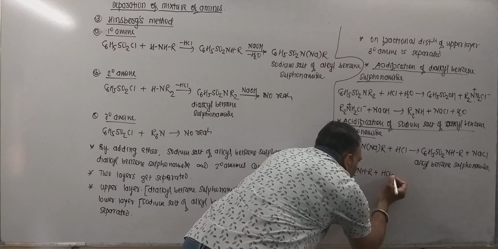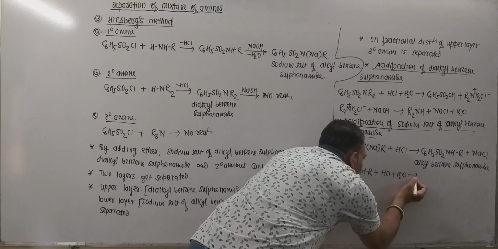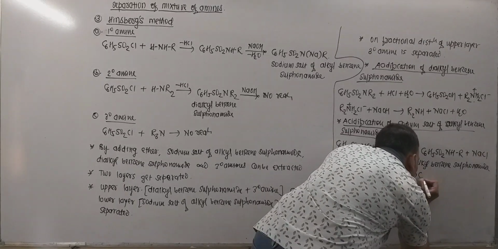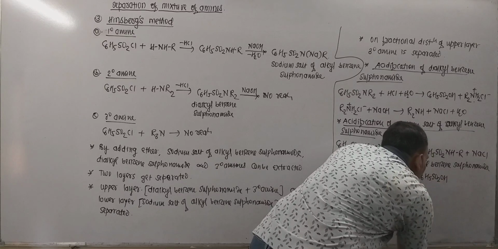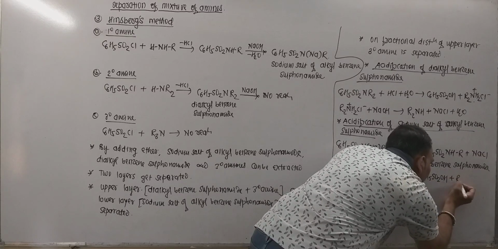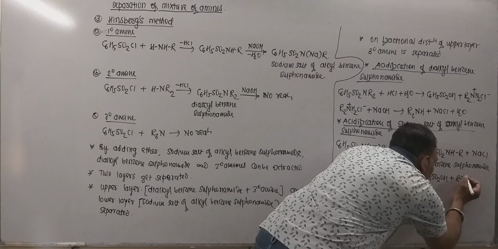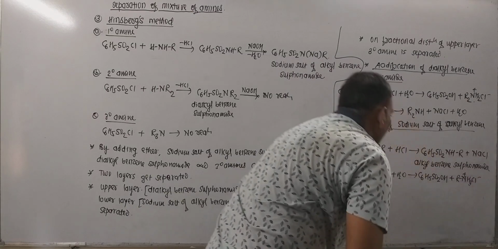It further reacts with aqueous solution of HCl, and thereby C6H5SO2H, benzene sulfonic acid, is obtained along with alkyl ammonium chloride.